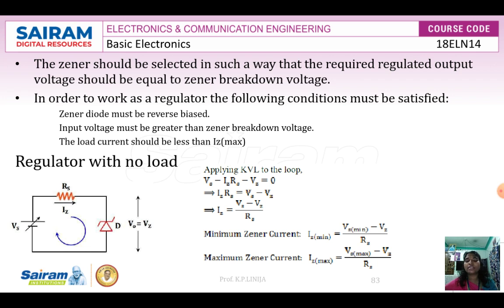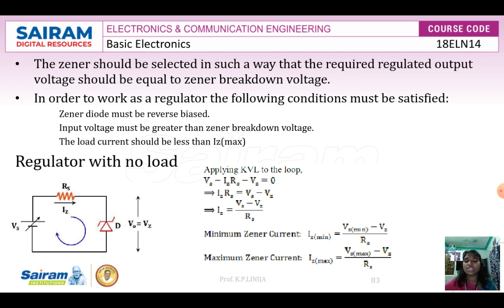After applying Kirchhoff's voltage law, we can write Vs minus IZ into RS minus VZ equal to 0. Now rearranging the equation, we get IZ is equal to Vs minus Vz by Rs. Now we know that the Zener breakdown voltage will be between the Zener current minimum and the Zener current maximum.